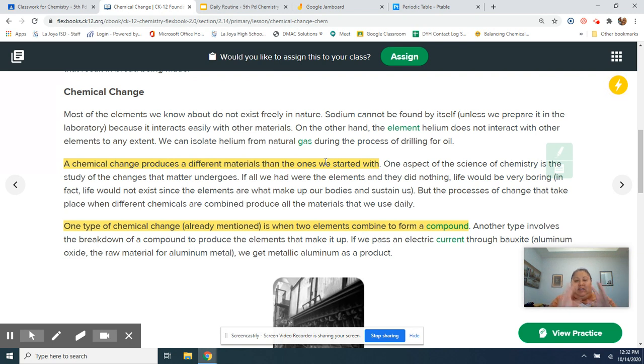When you throw that charcoal into your barbecue pit, it's going to have a certain color, a certain texture, certain properties. Now, once you get that lighter fluid, spray it around and throw the match, it's going to get on fire. Well, if you remember Monday's reading, we talked about four indicators, four clues to let us know that a chemical change is happening.